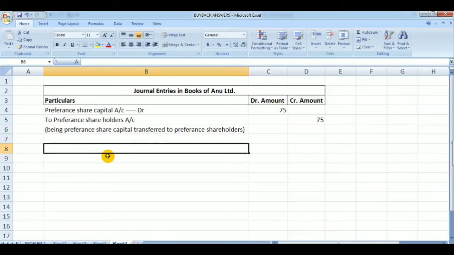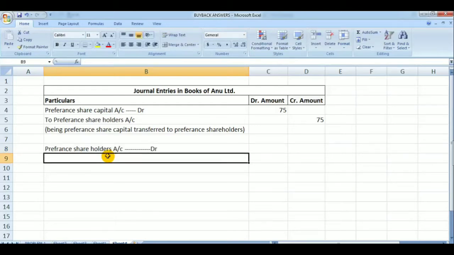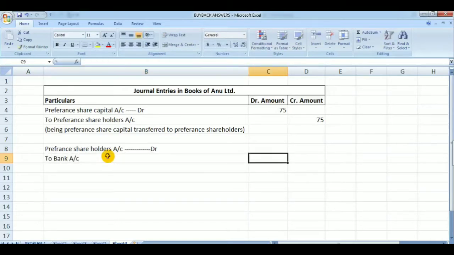So the entry for making payment will be: preference shareholders account debit to bank account, 75 crores.